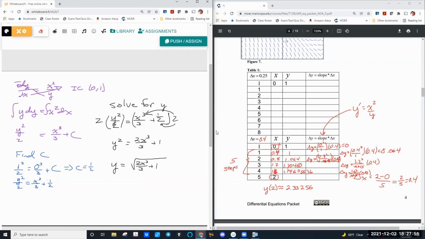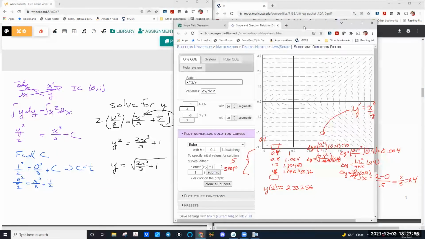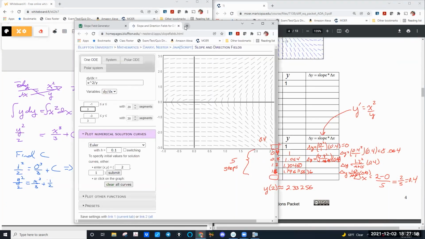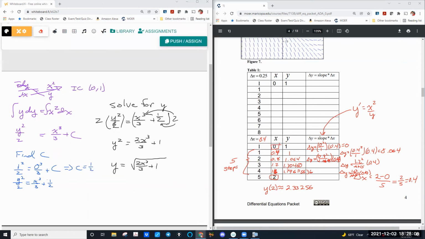Now, I want to show you something interesting, and it's something we do not want to forget. So here's our slope field. Sorry, everything's so messy. Notice that there's slope field above the x-axis as well as below. Well, this solution only gives positive y values.